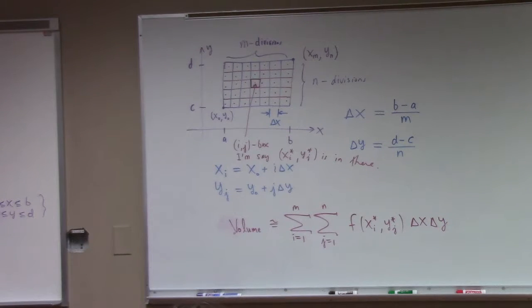I mean, that's an approximation to the volume. It's obviously not the volume, right? Because if we take a finite grid, we're overestimating and underestimating the actual volume in a haphazard way.